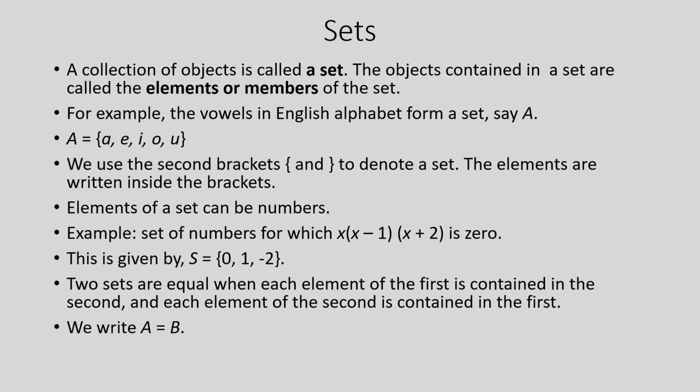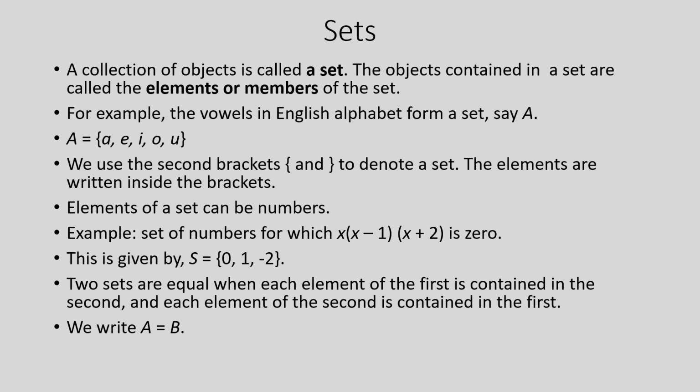So here is the first slide you can see on the screen. We are defining what is known as a set. What is a set? A set is a collection of objects. These objects must satisfy some property, otherwise there is no reason to put them together. There must be something common among the objects of a particular set, and that particular property distinguishes this set from all other kinds of sets.